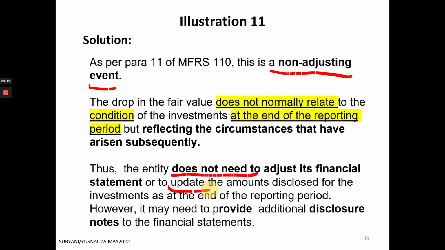You don't have to update the 2 million and show the reduction of 400,000. However, the company needs to provide additional disclosure notes stating the nature of the event and the decline in value.